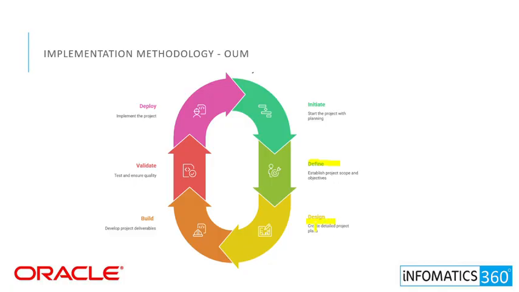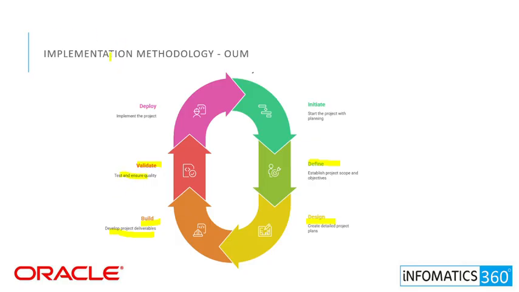The third one is design. Based on the requirements, we prepare a detailed system design and configuration plan. Then comes build. Our team configures the system, loads sample data, and develops necessary reports or custom features. Then comes validate. We test everything and get feedback from the client to make sure the system works as expected.